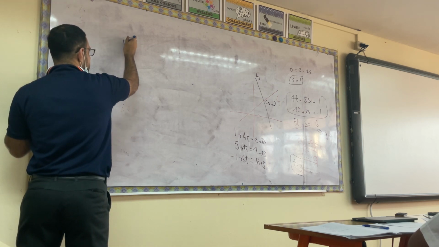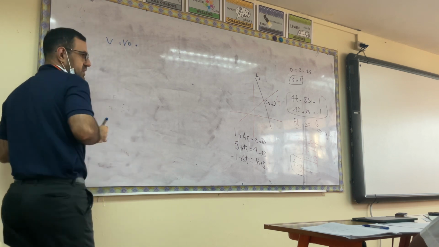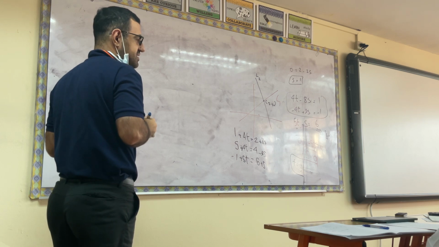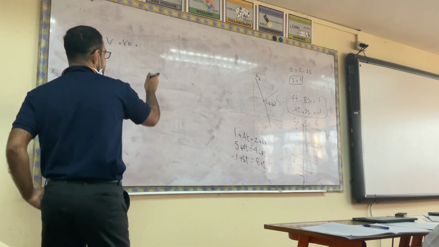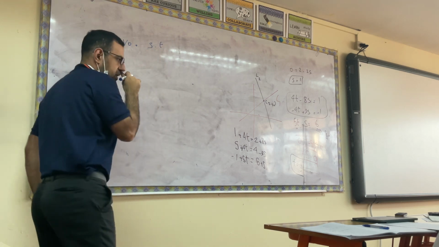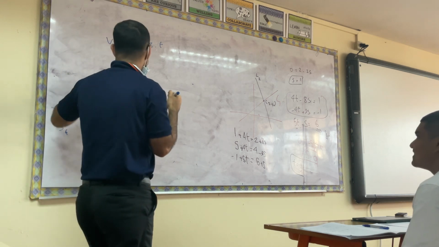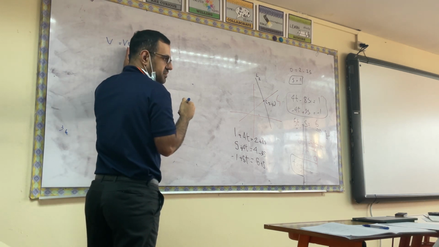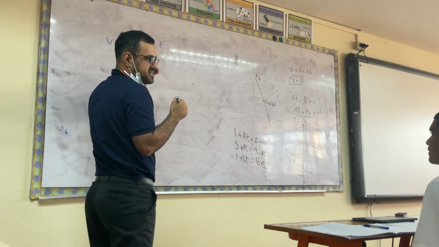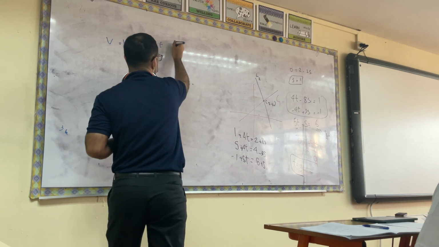Distance over time, that's velocity. Displacement usually is the initial place, plus velocity, which is speed times time, right? And when I have speed times time, I should also have the vector here.